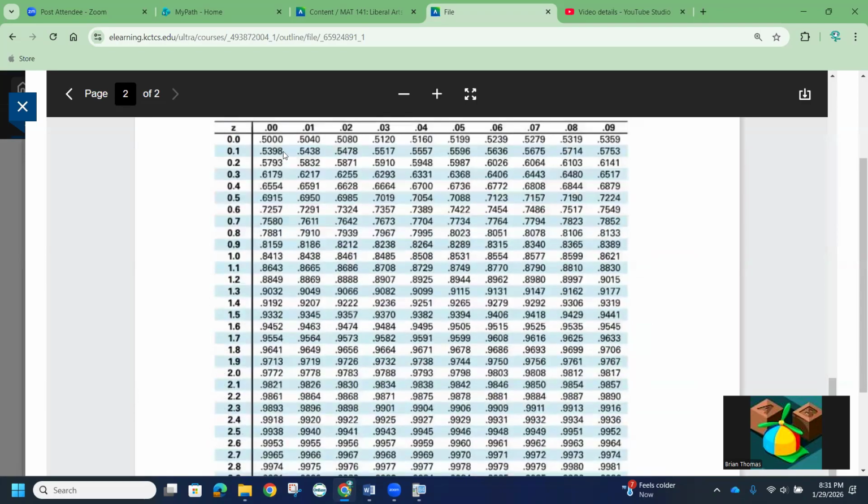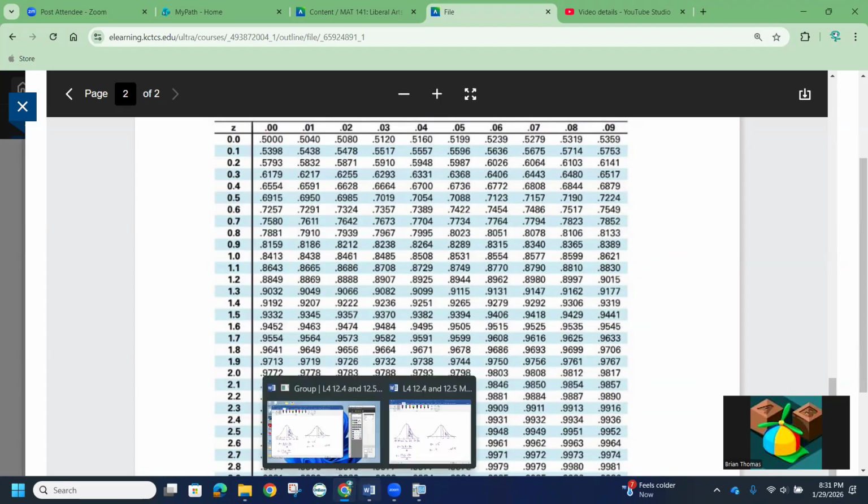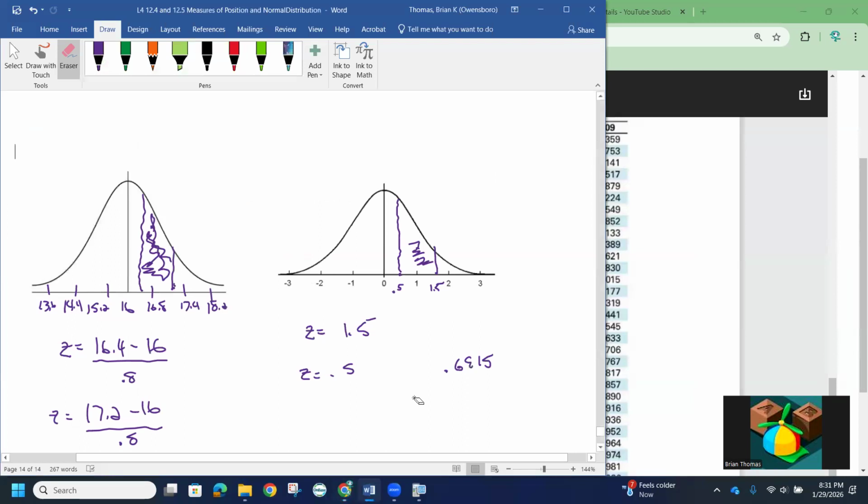So 1.50 would be 0.9332. So the area of the curve there was 0.9332. So if we subtract these, that's going to give me the area between 0.5 and 1.5.